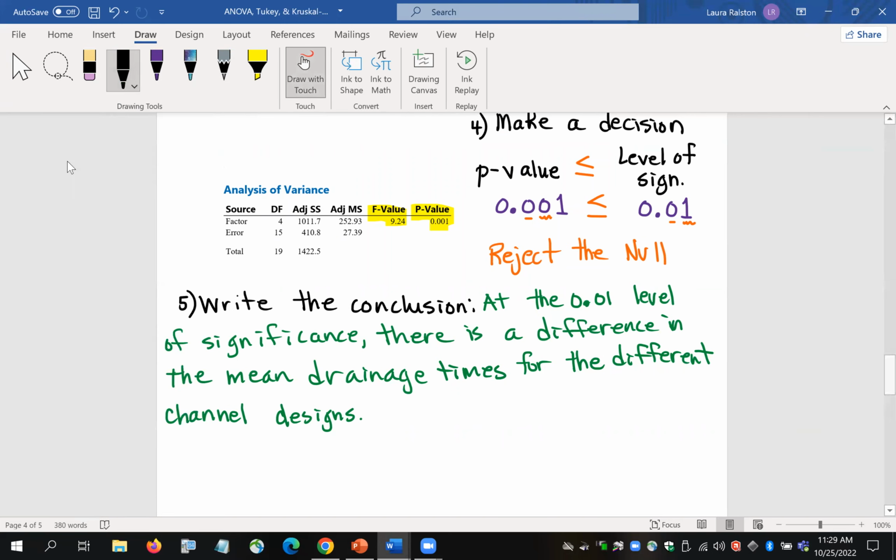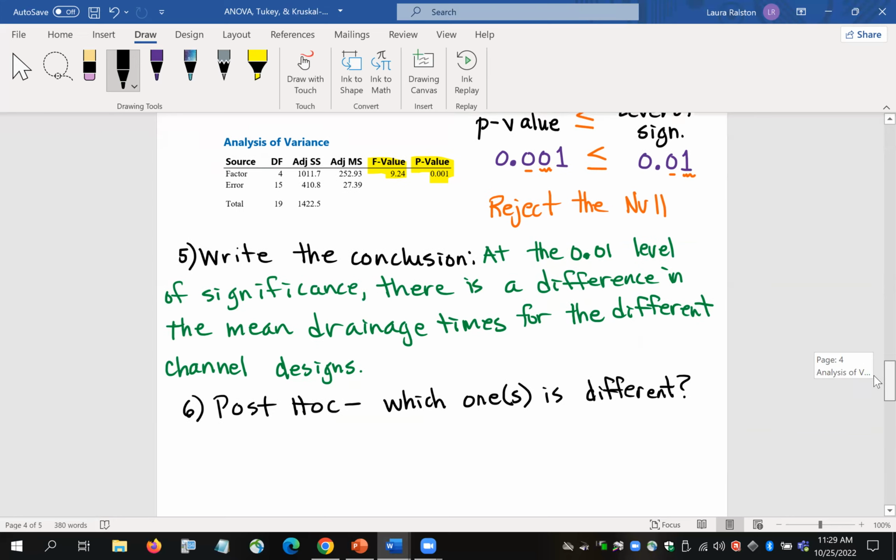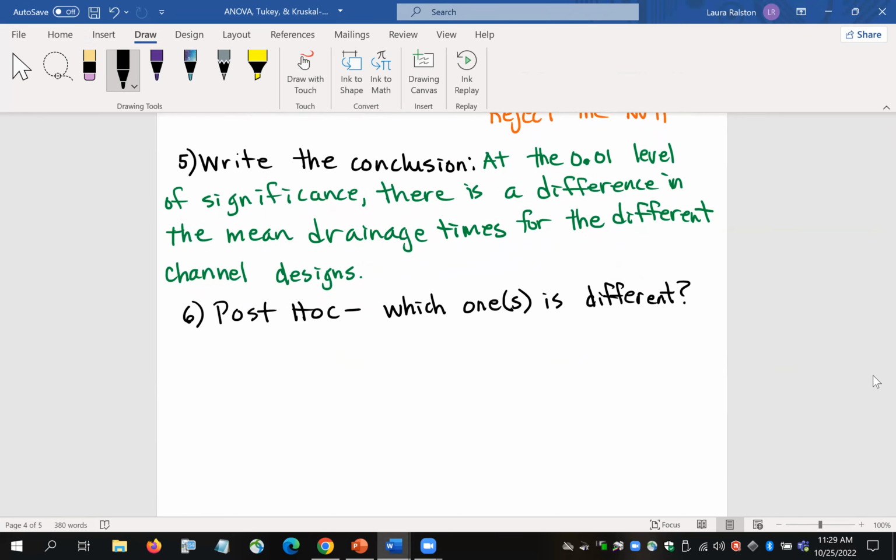That's why we use the post hoc test. The post hoc test gives us more insight into which one or ones is or are different. The post hoc test that we use, which we actually already ran, is the two-case test.